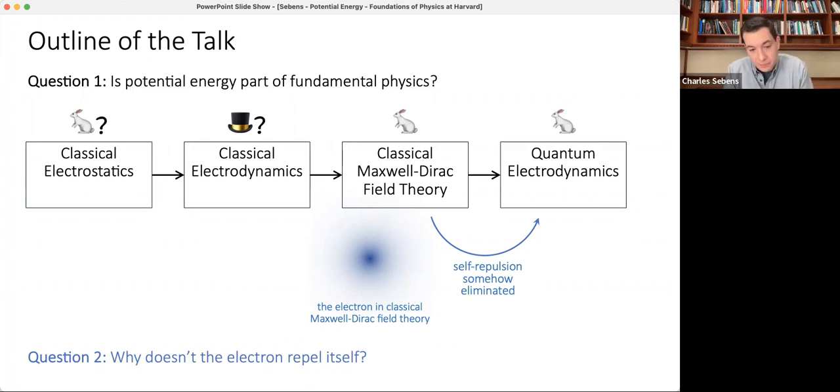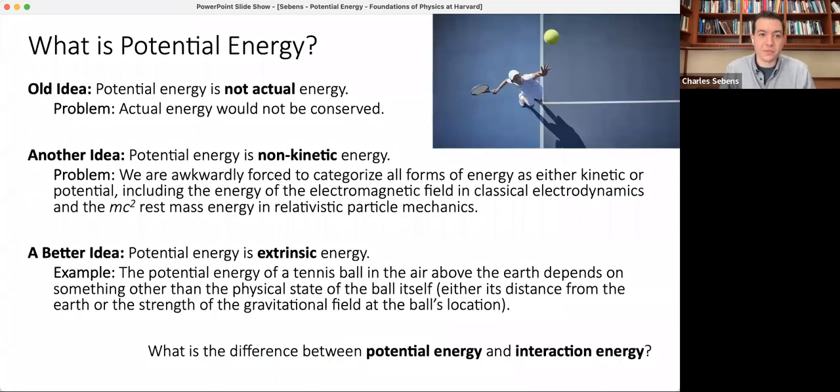And that seems to be part of classical Maxwell-Dirac field theory, that you have this self-repulsion. But physically, it's not actually there. Electrons don't repel themselves in this Coulomb way. So somehow it should be removed as we go from Maxwell-Dirac field theory to quantum electrodynamics. So I want to discuss how I see that as happening. Okay, so that's the plan for the talk.